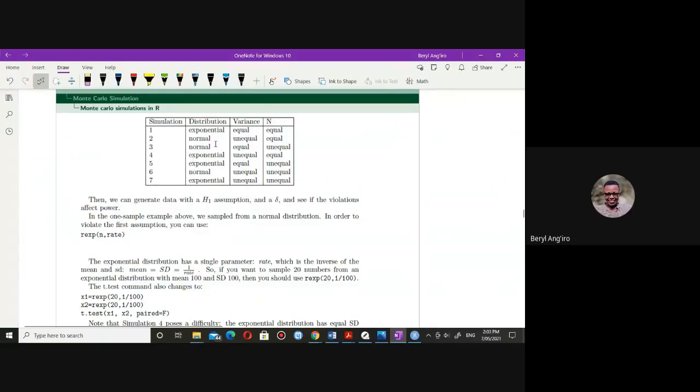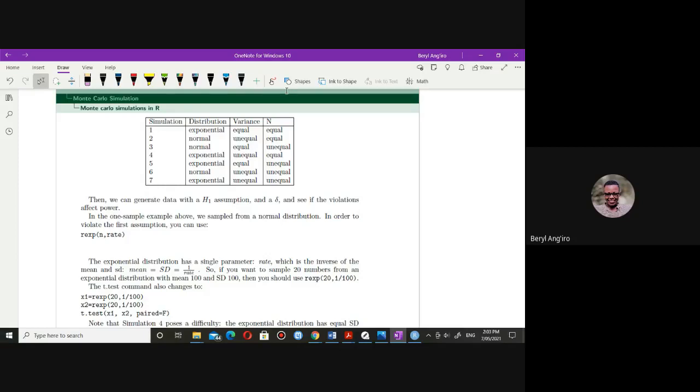Again, from the normal distribution when we have equal variance and an equal n. From the exponential distribution when we have an equal variance and equal n. Then from the exponential distribution when we have equal variance but unequal n. From the normal, both are unequal, and the exponential, again, both are unequal.